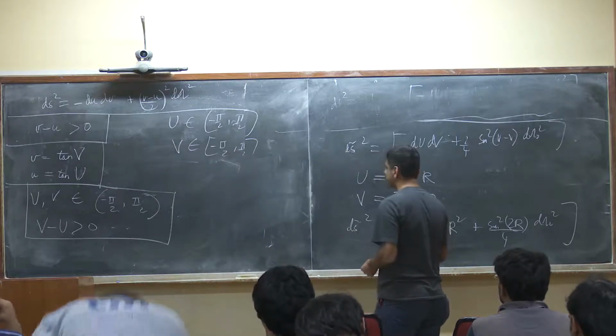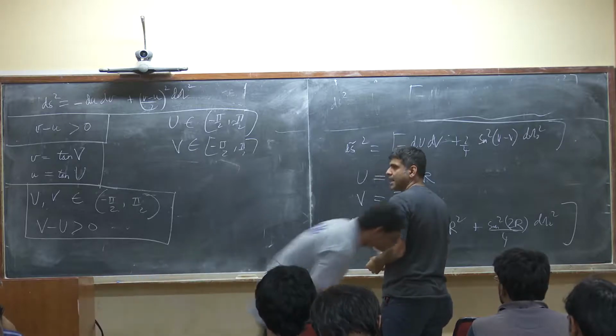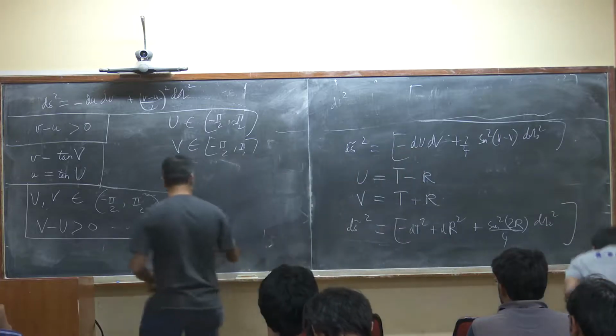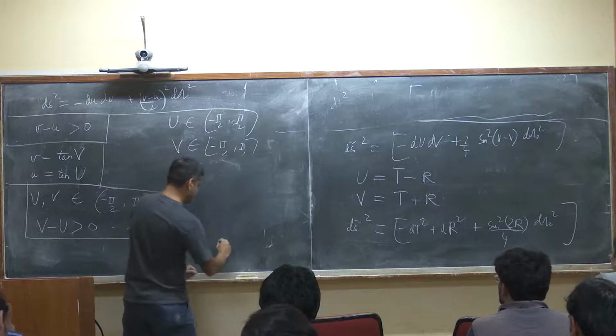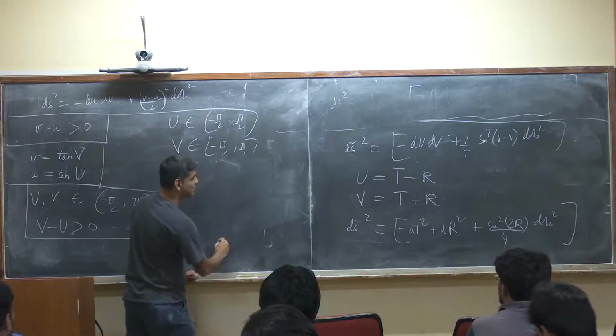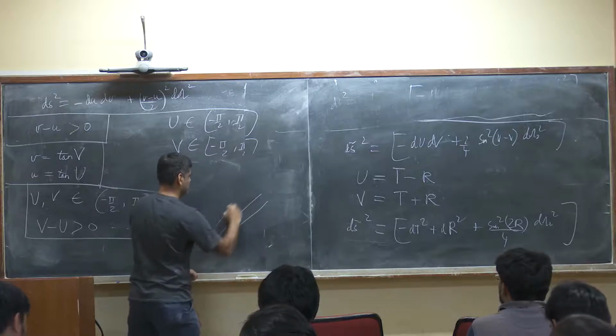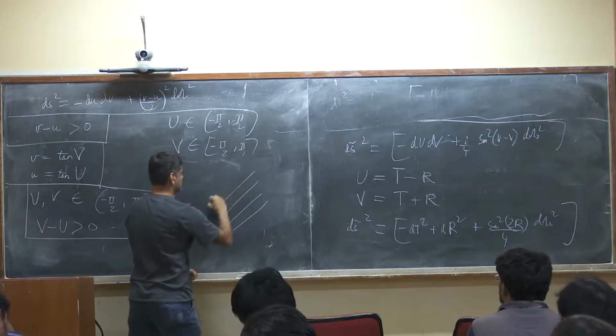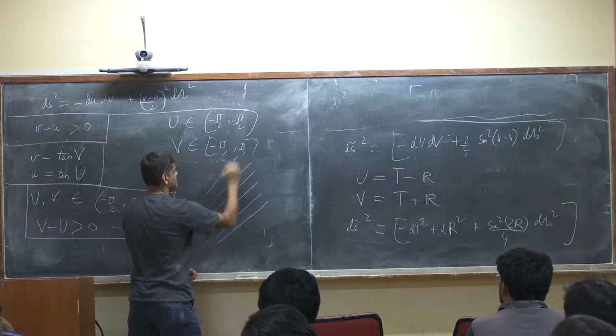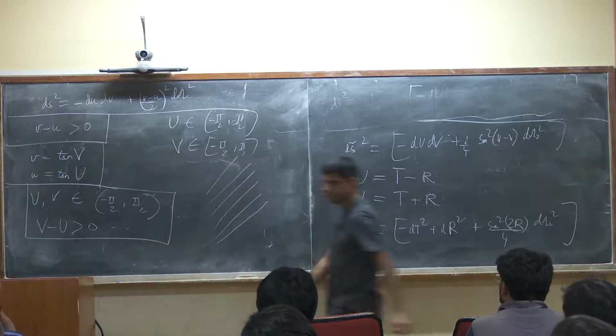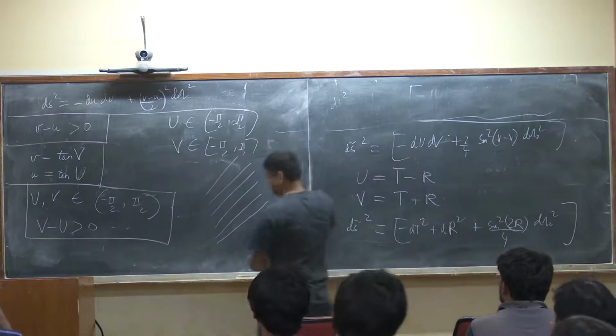As I increase t, I increase r, so my lines of constant t, so constant u, are these. These are lines of constant u.